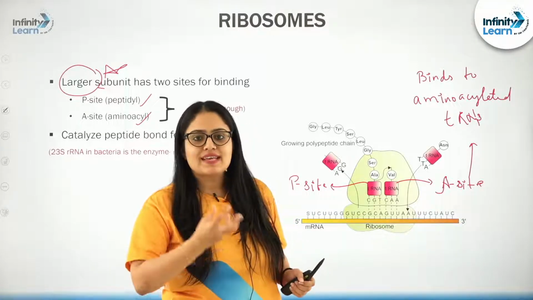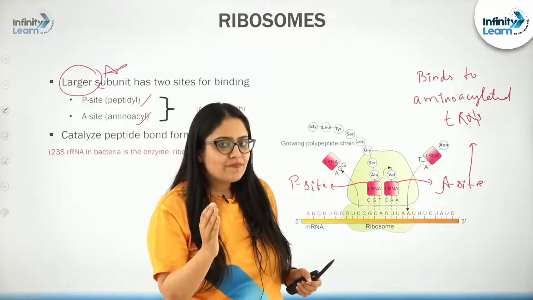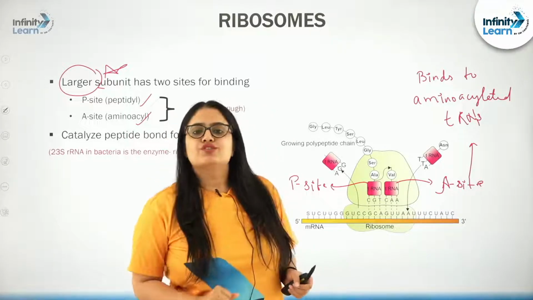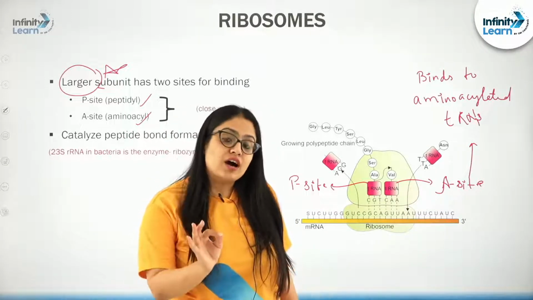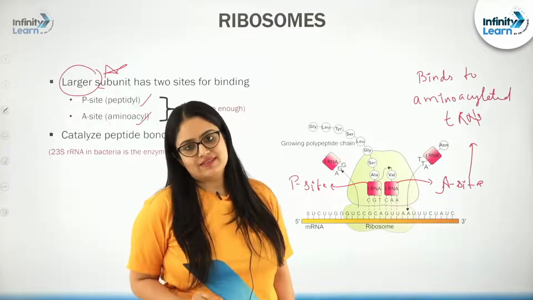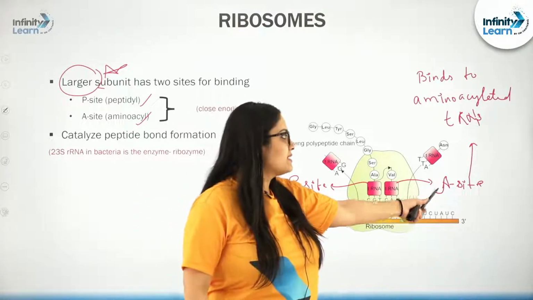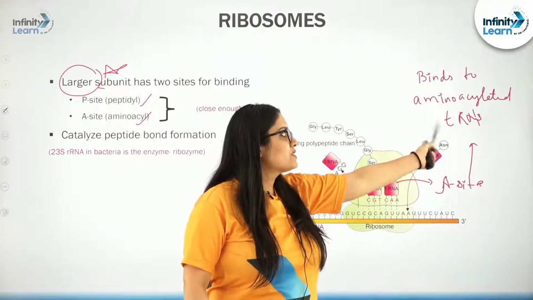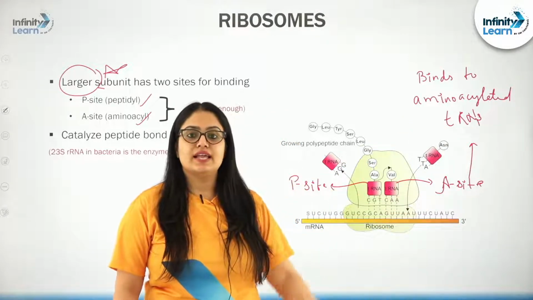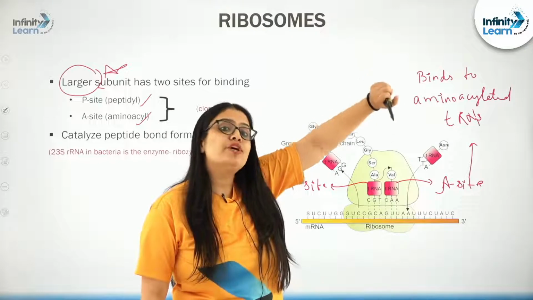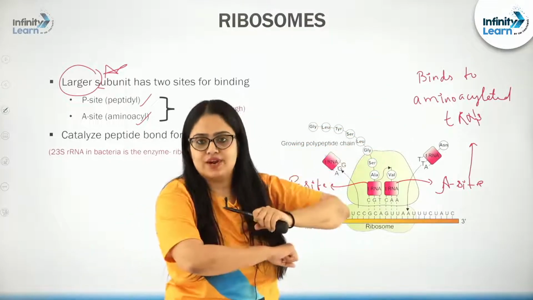It is a complex in which there is a tRNA covalently bonded to its respective activated amino acid. So, the A site is the binding site for such aminoacylated tRNA. They are the ones that are going to bring amino acids from the cytoplasm, right.